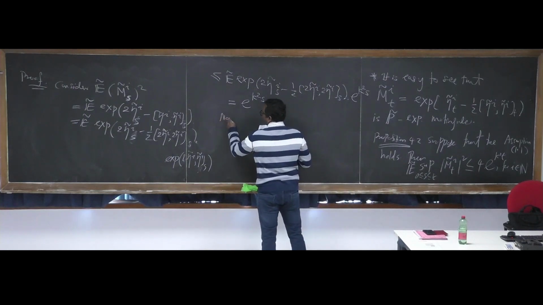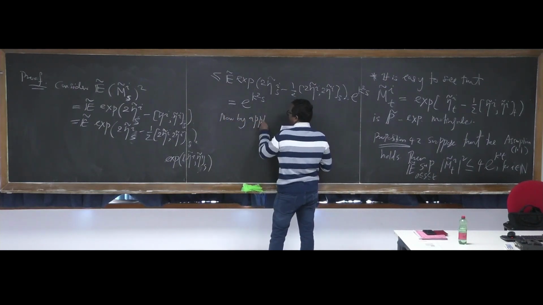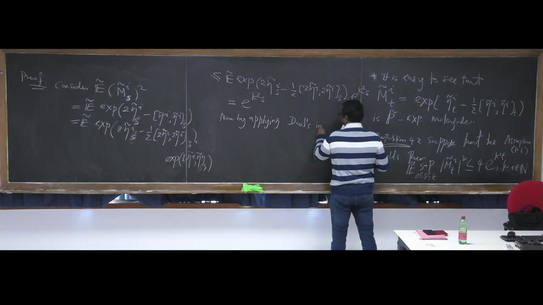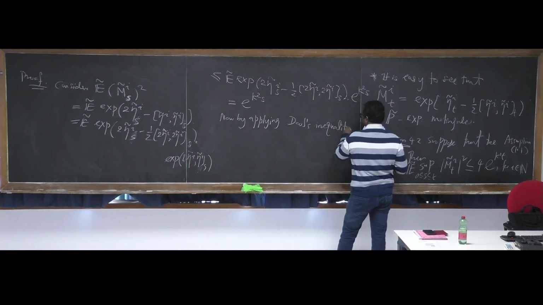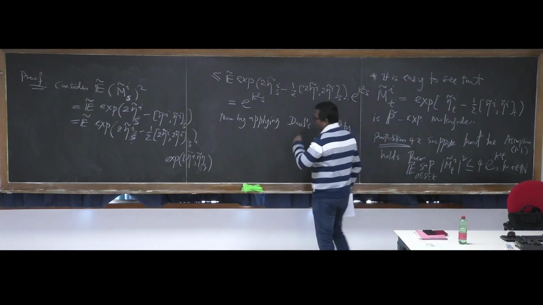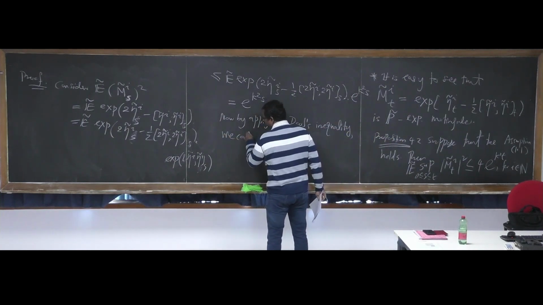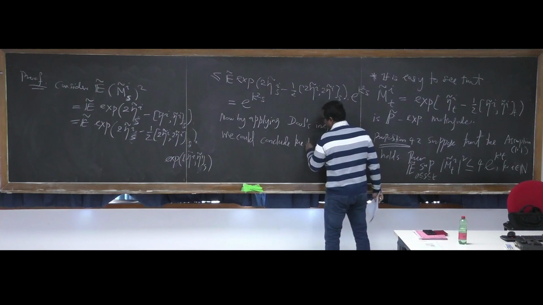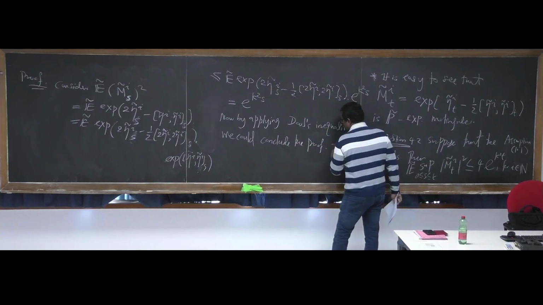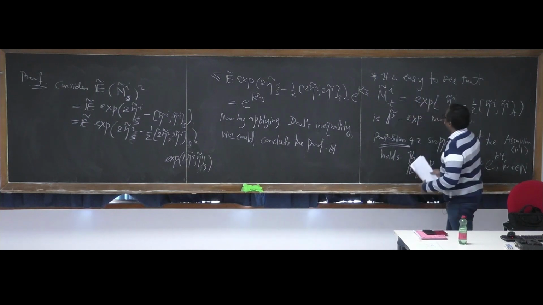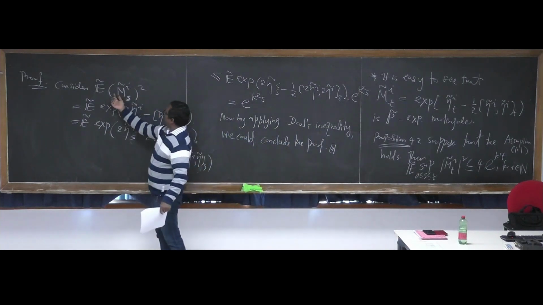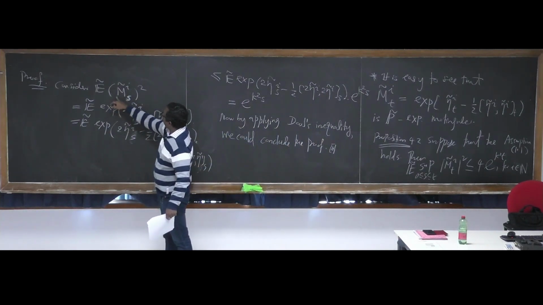Now, by applying Doob's inequality, we could conclude the proof of Proposition 4.2, because we actually obtain a bound for this square of m tilde I s.